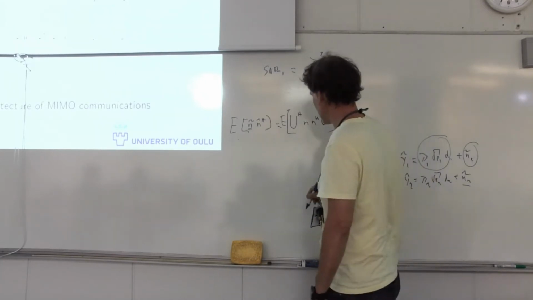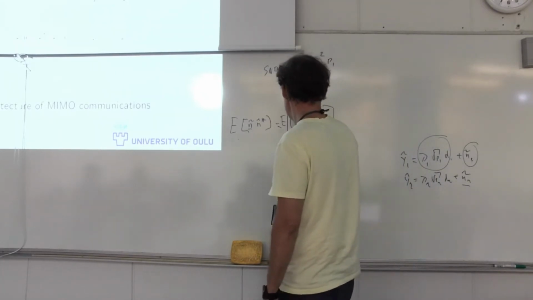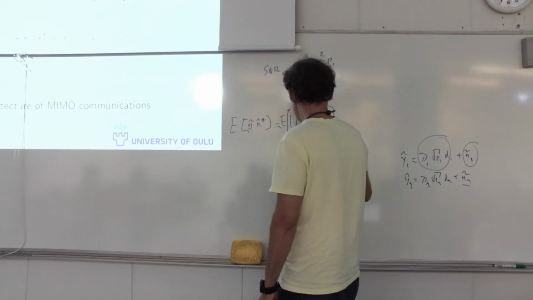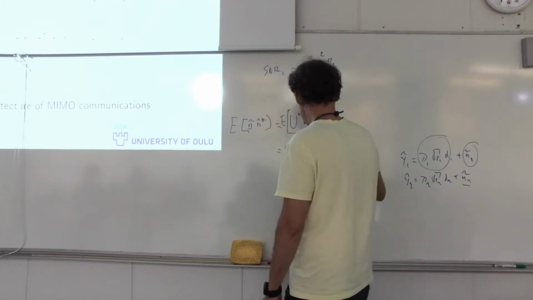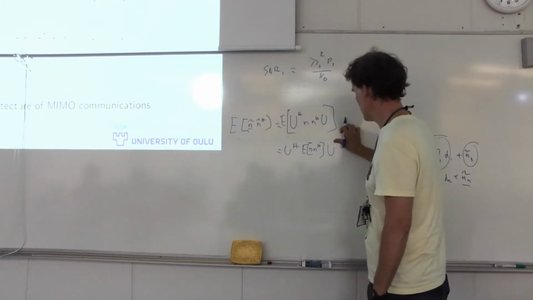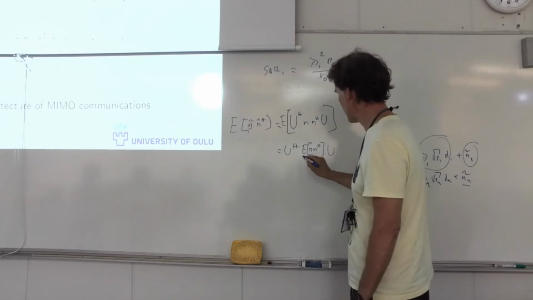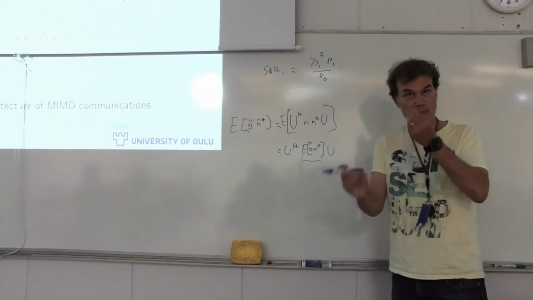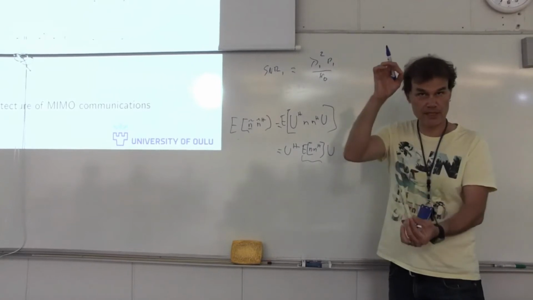We can take the expectation inside. So this is U Hermitian expectation of n n Hermitian U, right?